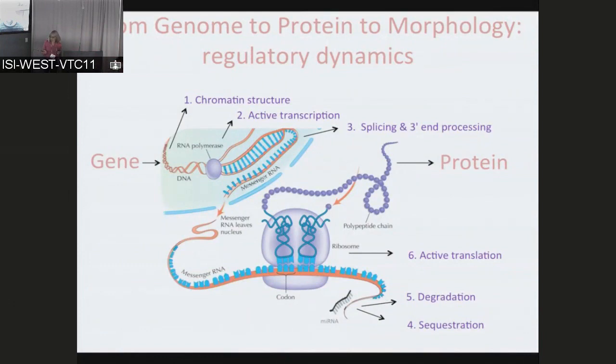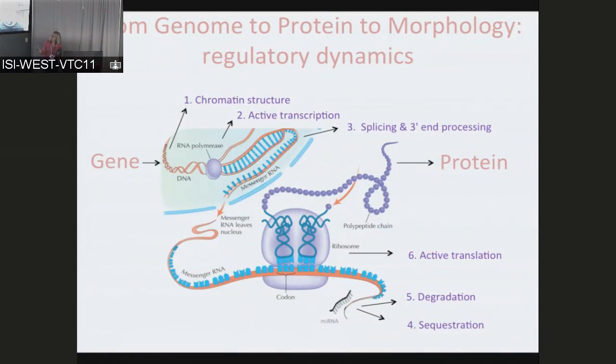And there's a fair amount of data now that shows that if you look at the levels of proteins, less than 50% of that can actually be predicted by the steady state levels of the mRNAs that we generally measure in our transcriptome studies.